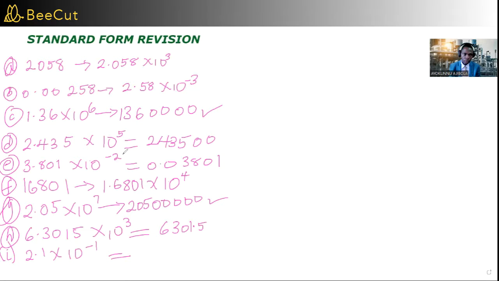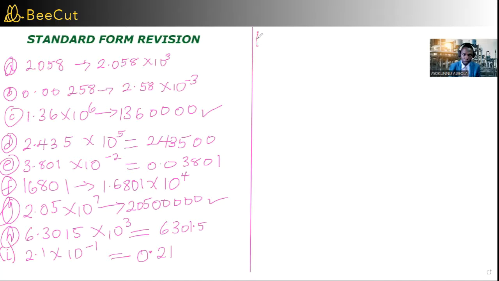When I wanted to change this earlier, I said because of minus 2, introduce 2 zeros. So introduce only 1 zero here. That is 0.21. So let me divide the page and rewrite more samples here before we move to any other thing.